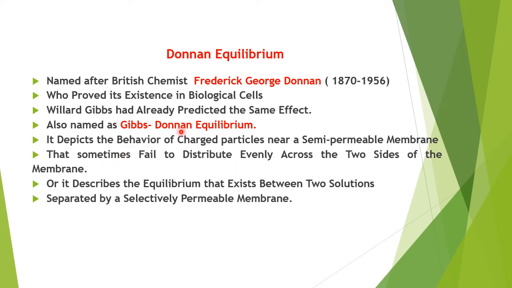It depicts the behavior of charged particles near a semi-permeable membrane that sometimes fail to distribute evenly across the two sides of the membrane, or it describes the equilibrium that exists between two solutions separated by a selectively permeable membrane.